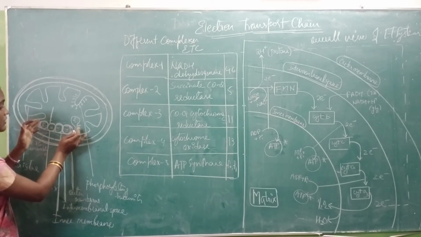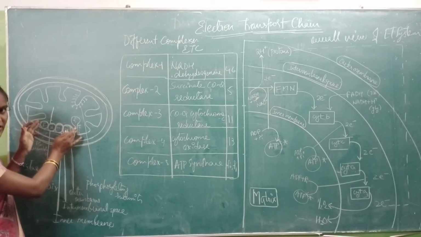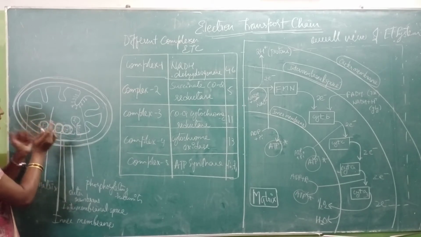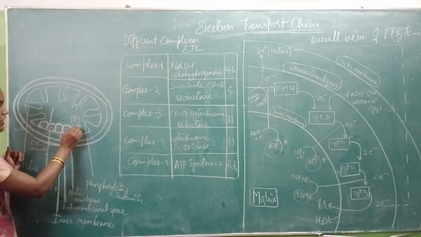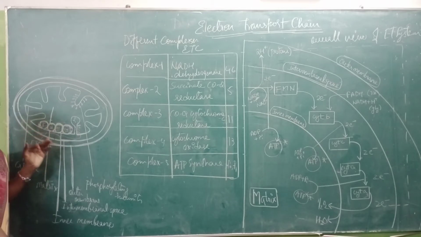In between two cristae, two incursions, your electron transport chain system complexes are present. So this is complex 1, complex 2, complex 3, 4, and this is 5. These are the different complexes involved in your electron transport chain.